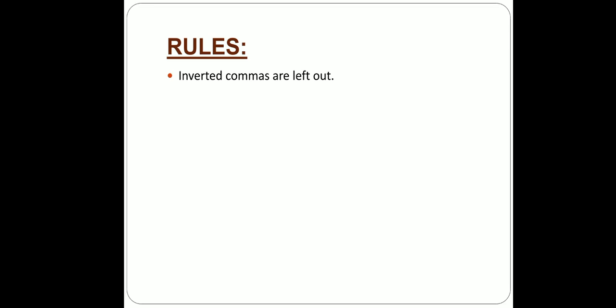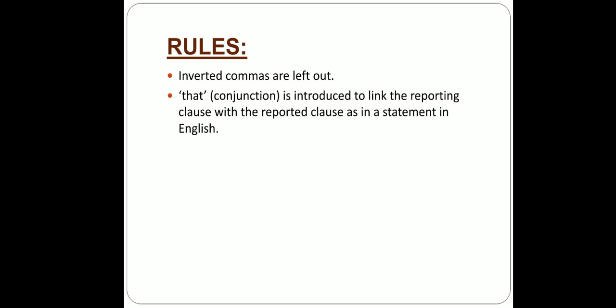Usually we put inverted commas in direct speech and they should be left out. The second one: the conjunction that is introduced to link the reporting clause with the reported clause, as in a statement in English. So the conjunction that should be added.